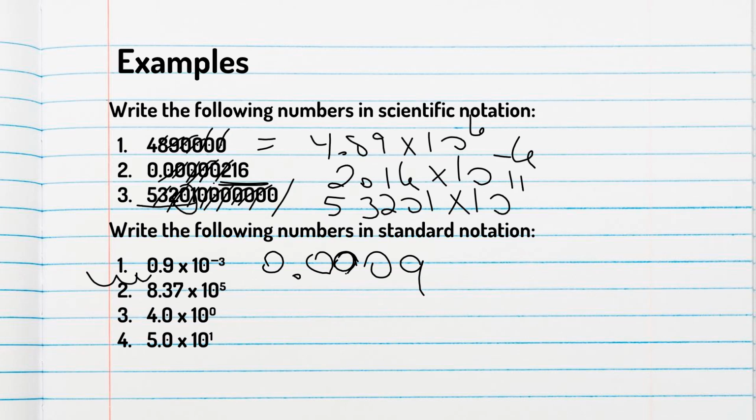Here, I'm going to go forward 5, so 837, so 1, 2, 3, 4, 5. Here, it's just 4.0. Here, we're going to move it 1. So you can do the bouncing method where we bounce, or you can count when you add the zeros.